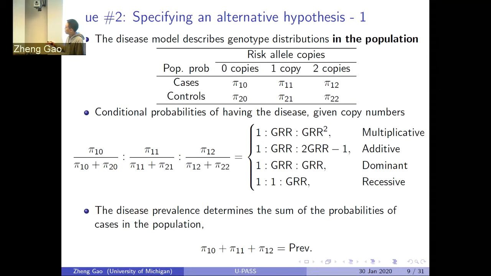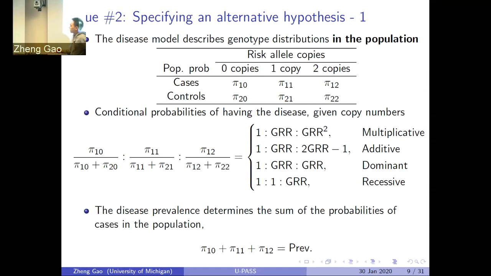If it's a multiplicative model, it is 0.1, 0.2, and 0.4. Dominant basically says 0.1, 0.2, and 0.2. So if it's dominant, as long as you have one copy, you have increased probability and it stays the same. And recessive means that only if you have two copies do you have increased probability of contracting or developing the condition.